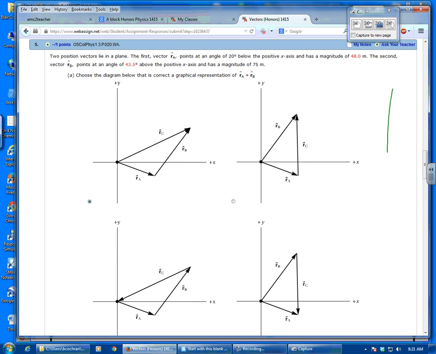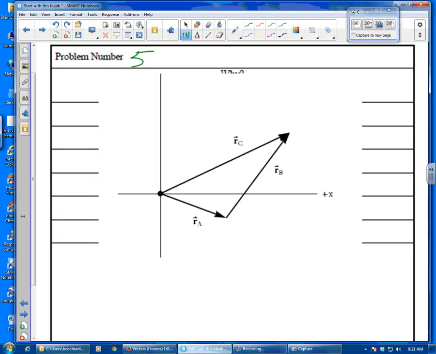So the first vector RA points at 20 degrees below the positive x-axis and has a magnitude of 48 meters. So this is 48 meters, the length of this, and this angle here is going to be 20 degrees. I'm just trying to get all my information onto my diagram. You can put it elsewhere.